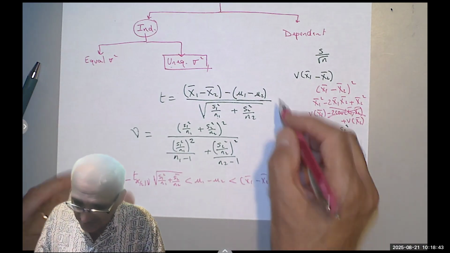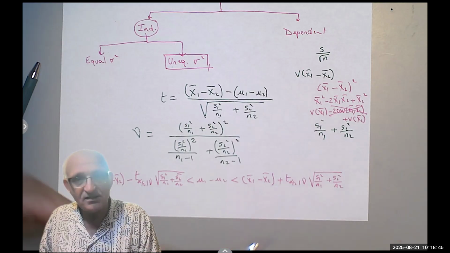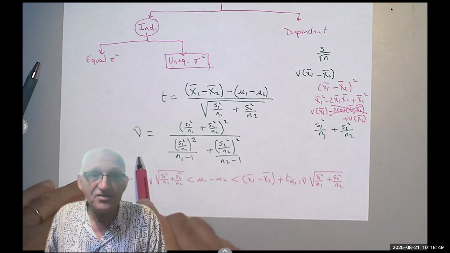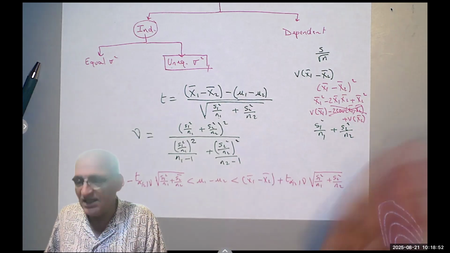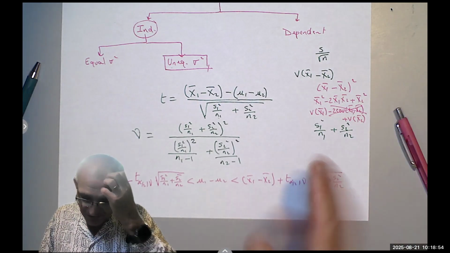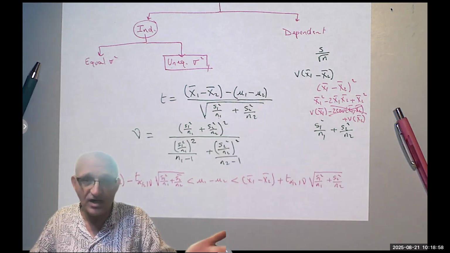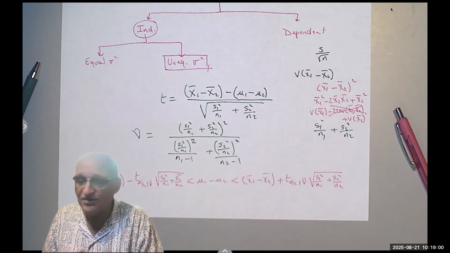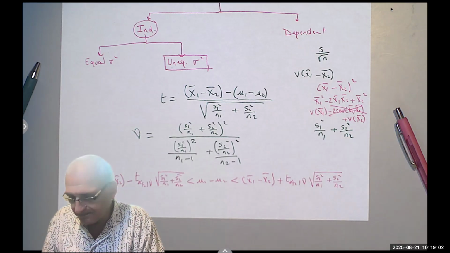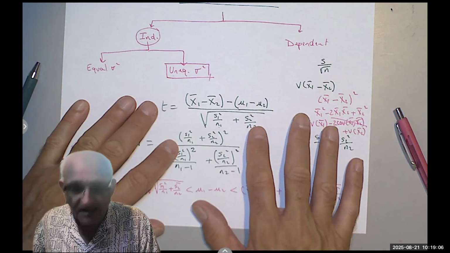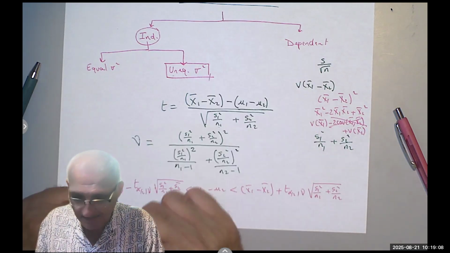Or I can check if it's a hypothesis testing. I calculate the t with that degrees of freedom and compare it to t alpha over 2 degrees of freedom and negative t alpha over 2 degrees of freedom, and see if it's within or outside. So I reject or fail to reject. So this is the unequal variance case.